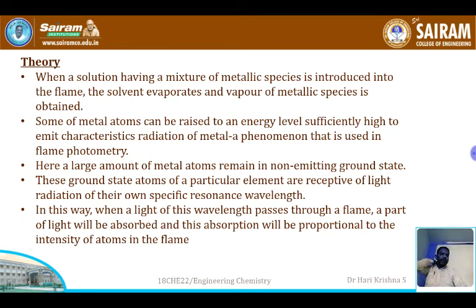While coming back, the metal will liberate some amount of energy. It might be in the form of heat, it might be in the form of light. If it is in the form of visible radiation, that we are going to measure in flame photometry.